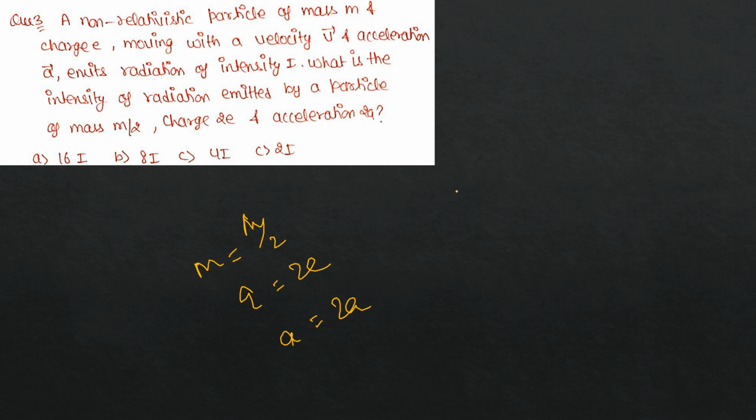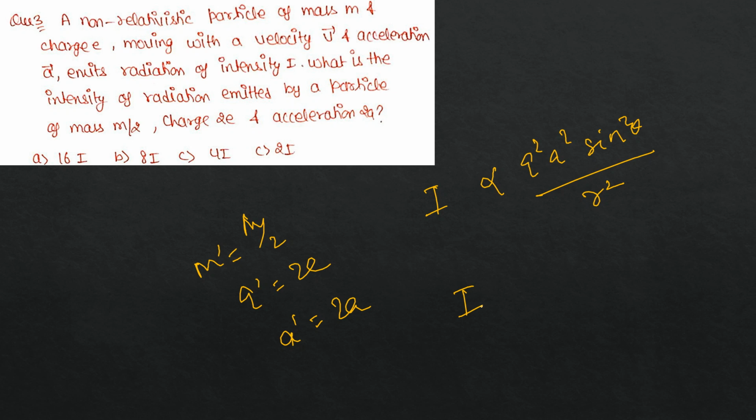Intensity of radiation I is proportional to q square u square a square sine square theta by r square, right? The first particle has mass m, charge e, and acceleration a is already given.